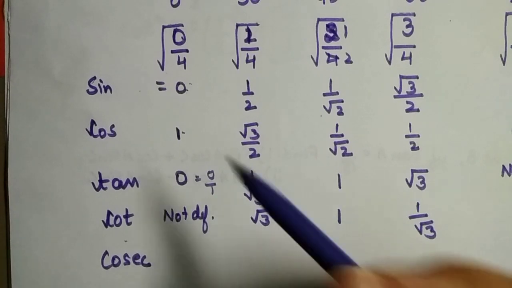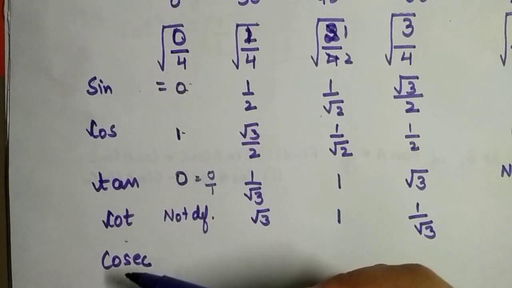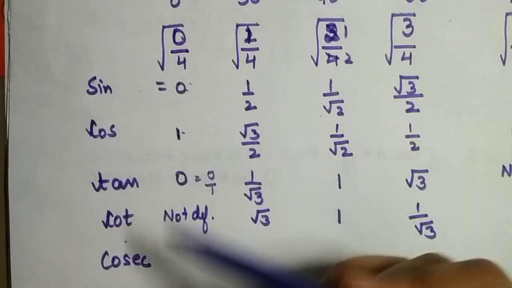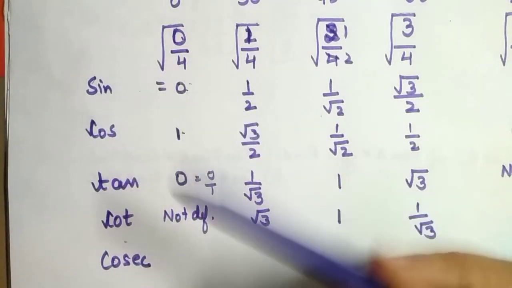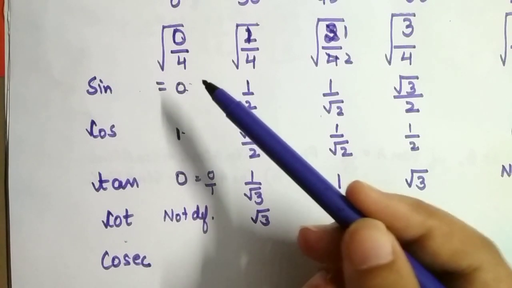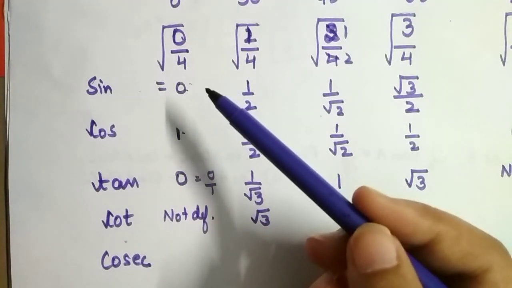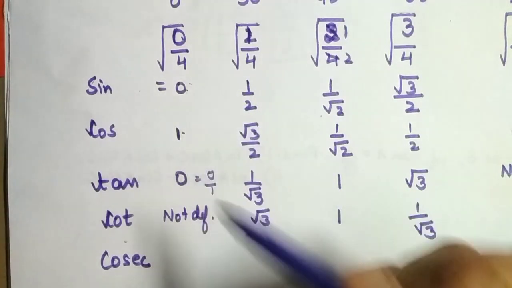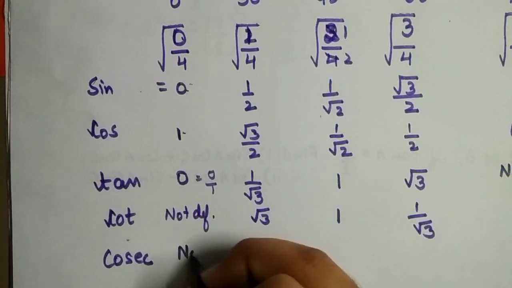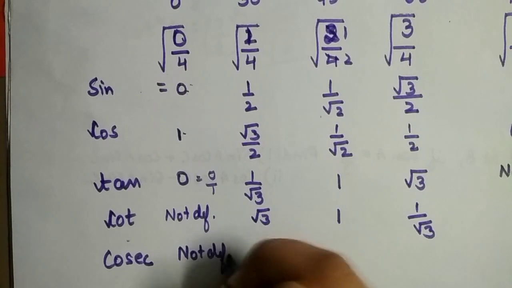For cosecant, cosecant is the reciprocal of sine. So for this we will see the values of sine and take the reciprocal. So the reciprocal of 0 upon 1 is 1 upon 0, that is not defined. So cosecant 0 is not defined.